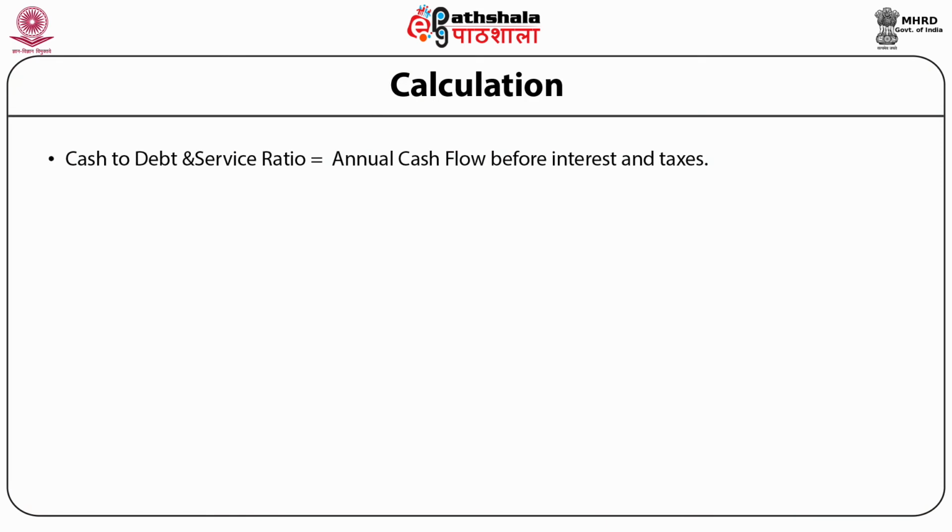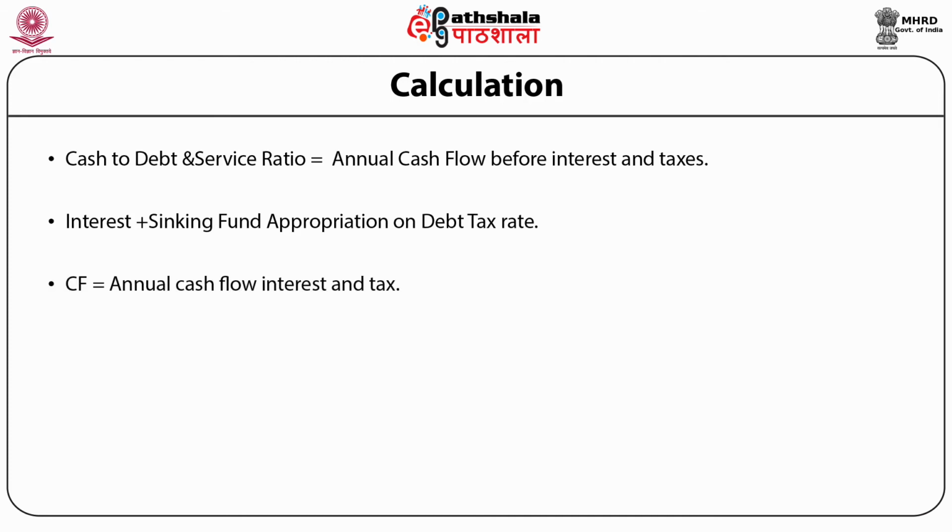Cash to debt service ratio is calculated as follows. It includes annual cash flow before interest and taxes, divided by interest plus sinking fund appropriation on debt divided by one minus tax rate.